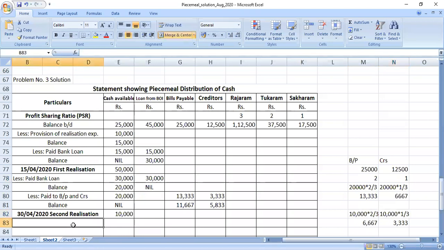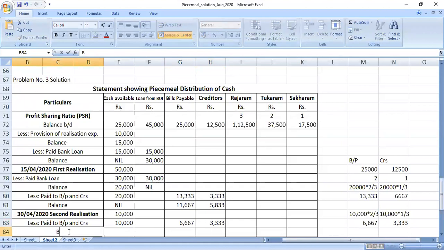So less: paid to bills payable and creditors. Amount we have to pay is 10,000. Now bills payable received 6,667 and creditors received 3,333.